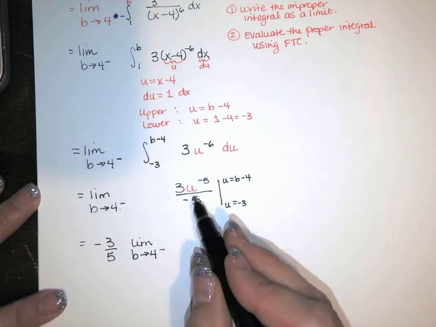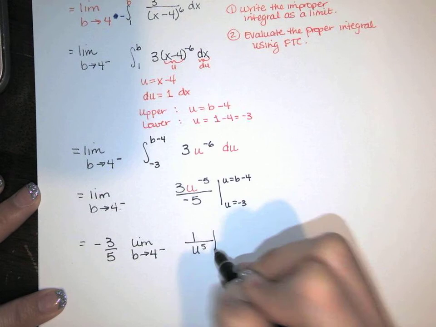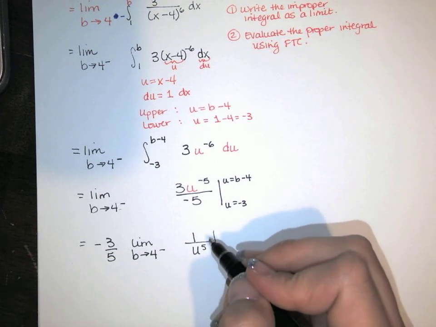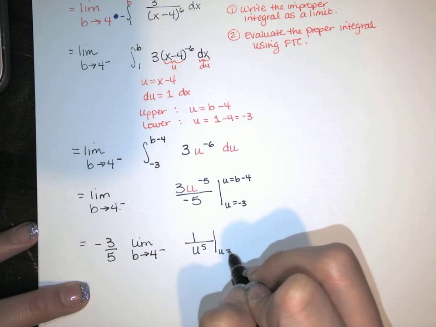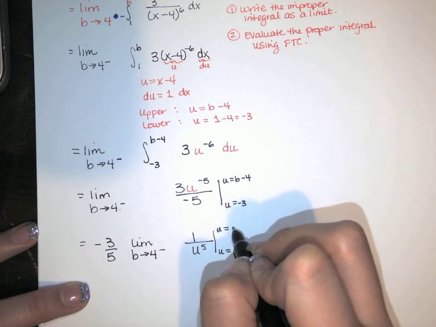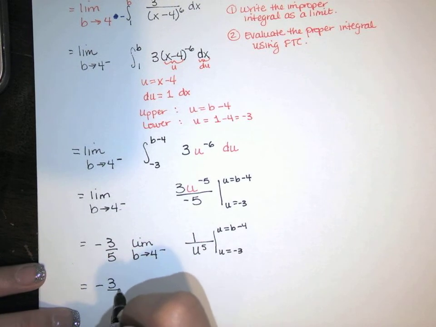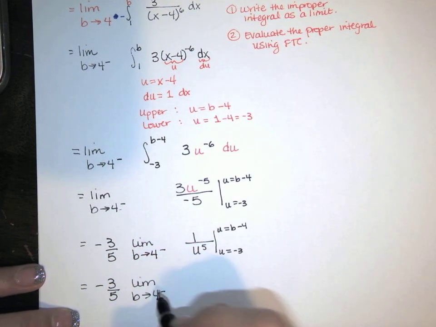And that u to the negative 5, I could write that as 1 over u to the 5th if I wanted to. I'm going to write it this way because it's easier for me to think through these limits when it's written in this form. And now we will substitute in our upper limit and lower limit and subtract by FTC.